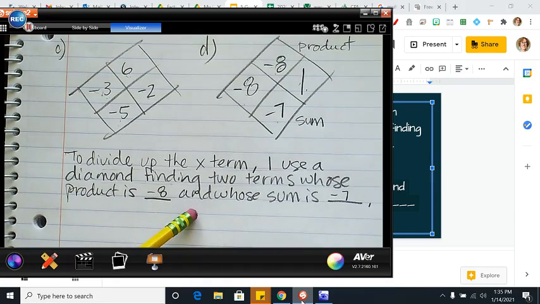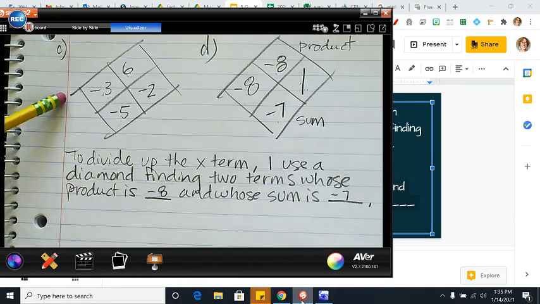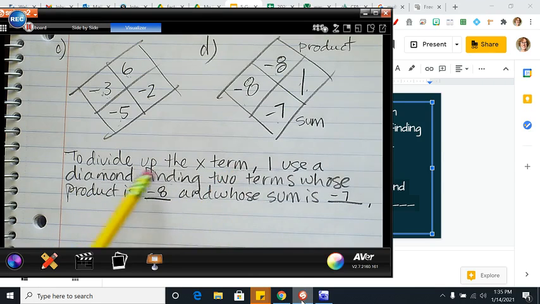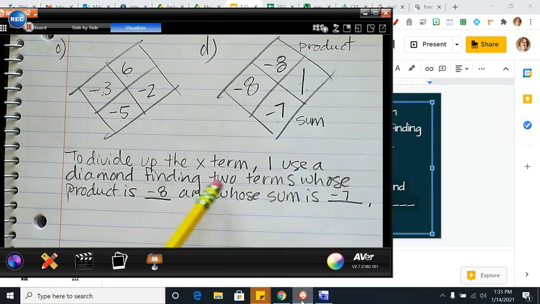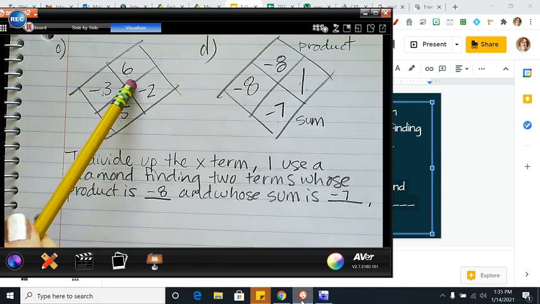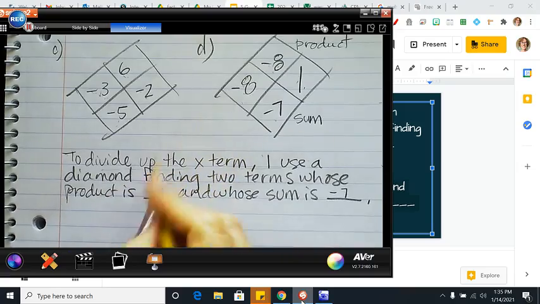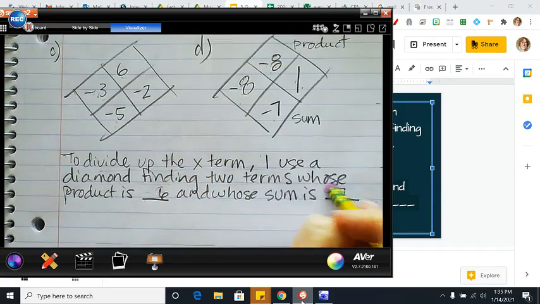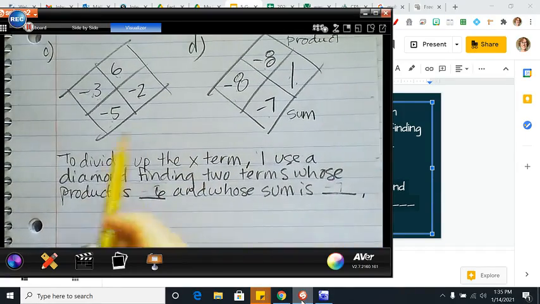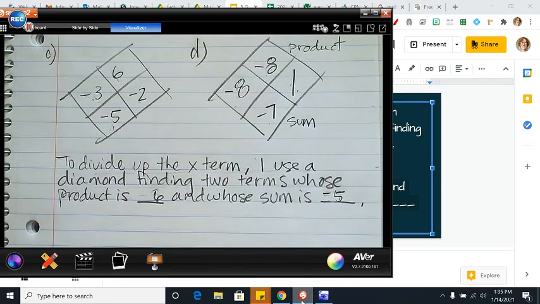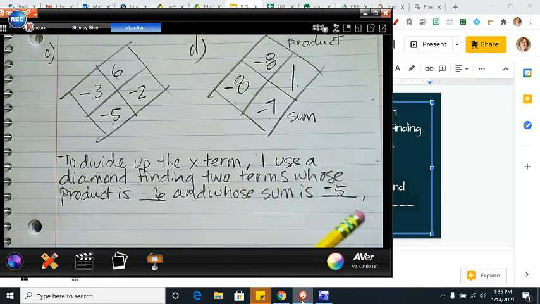If I was filling in this sentence stem for this diamond, I would say: to divide up the x term, I use a diamond finding two terms whose product is 6 and whose sum is -5. Product is 6, sum is -5.